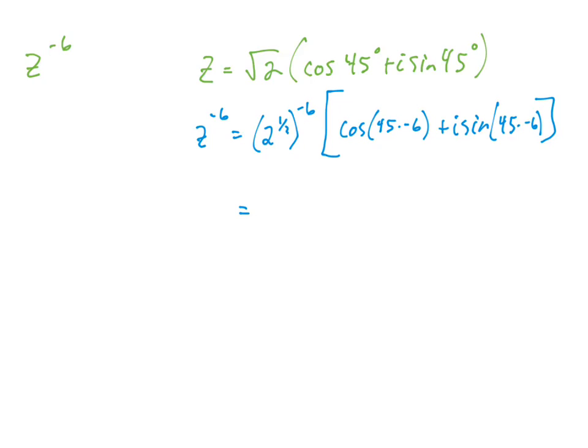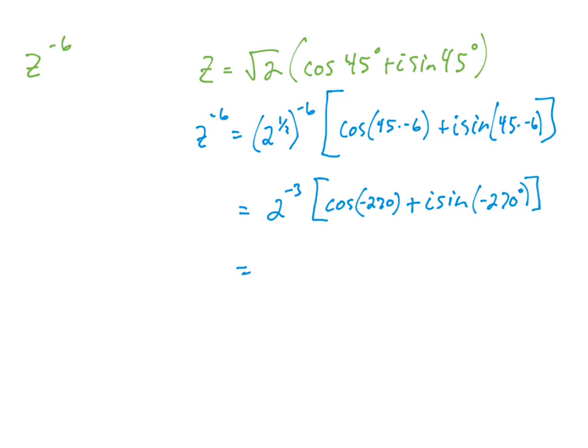What we'll have here is 2 to the negative 3 times cosine and sine of 45 times 6, which I could do as 90 times 3, so negative 270: cosine of negative 270 plus i sine of negative 270.